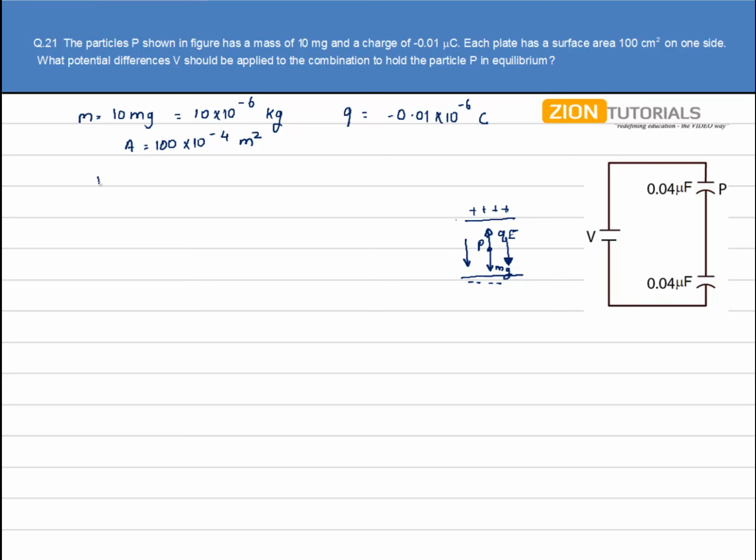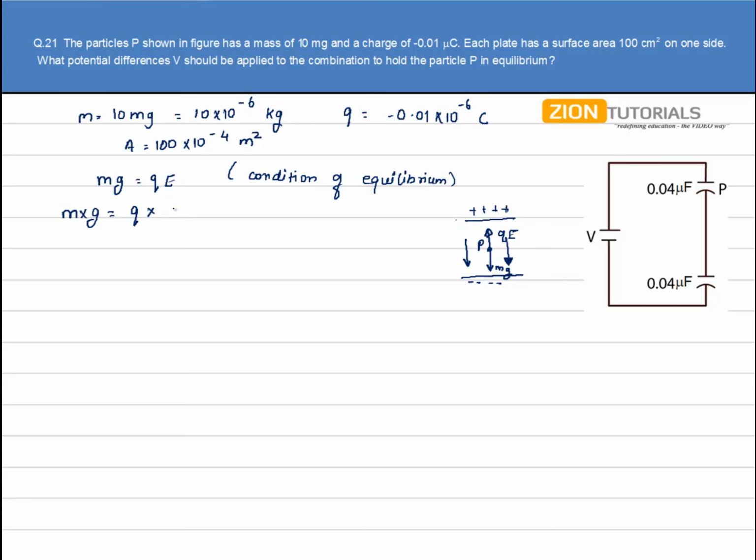So we have mg is equal to QE, that is the condition of equilibrium. We have mass, we have the value of g, we have the charge, that is the charge of particle P, and the electric field.